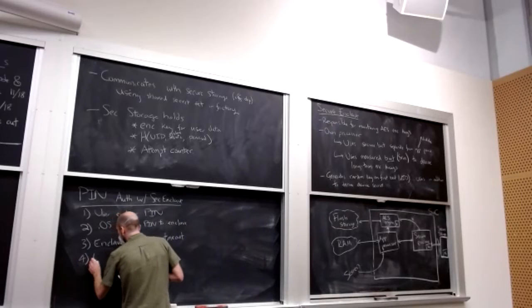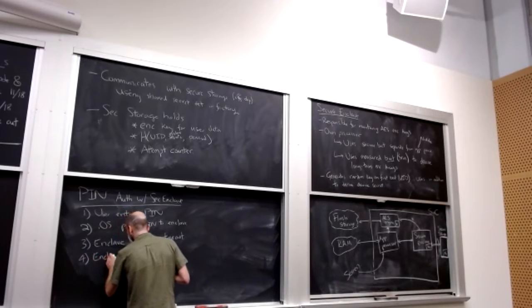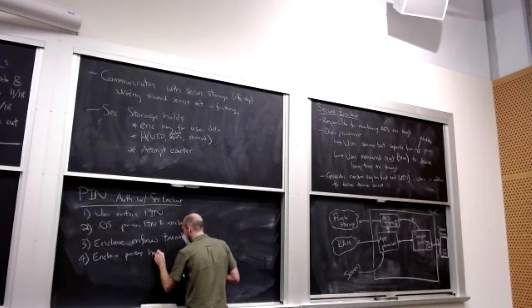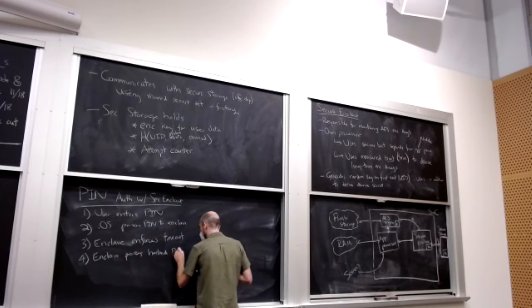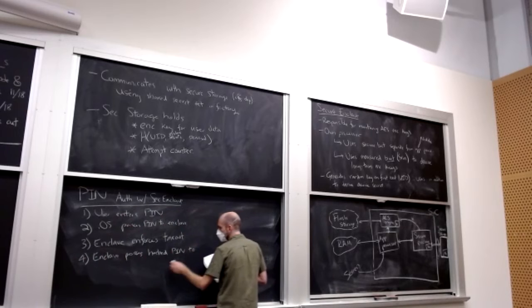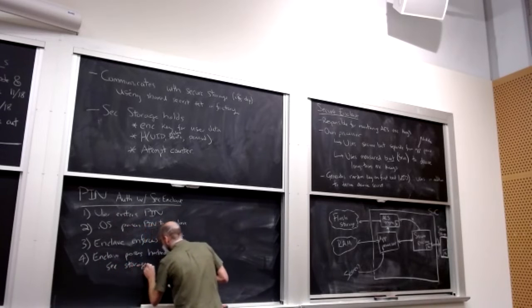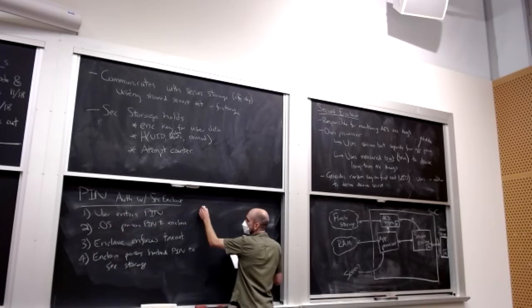Then the enclave passes the hashed PIN to the secure storage. And the secure storage checks the PIN in the following way.